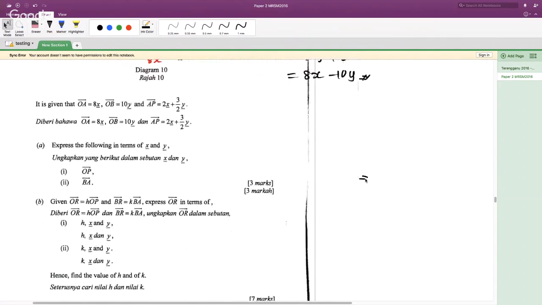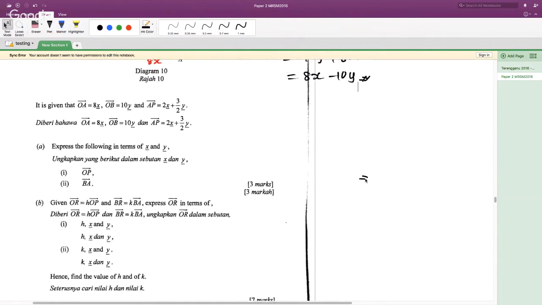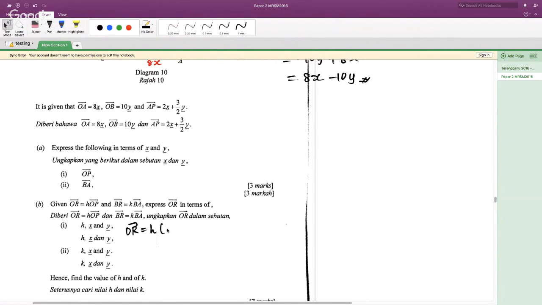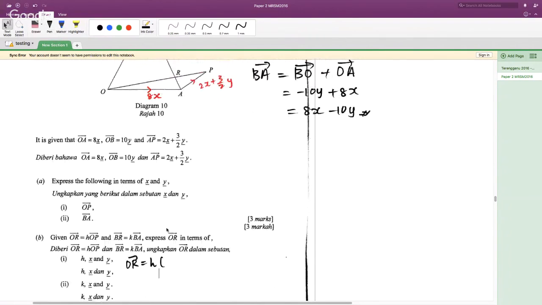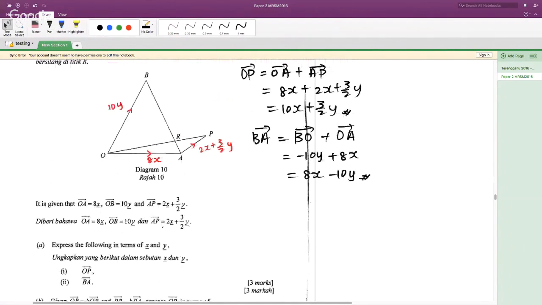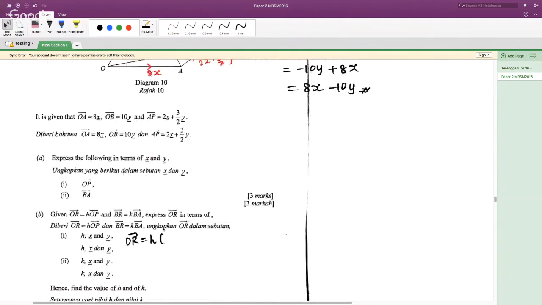So you just do some substitution. OR equals to h OP. We got OP on the top there: 10x plus 3 over 2y. So you substitute in, you get 10hx plus 3 over 2 hy.